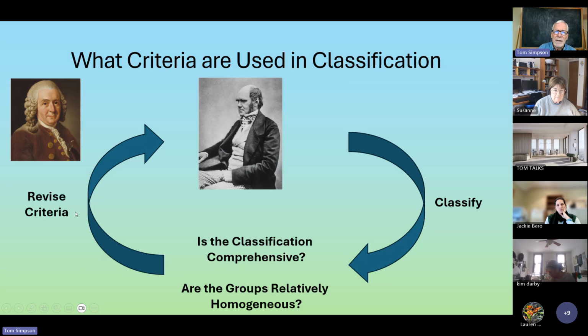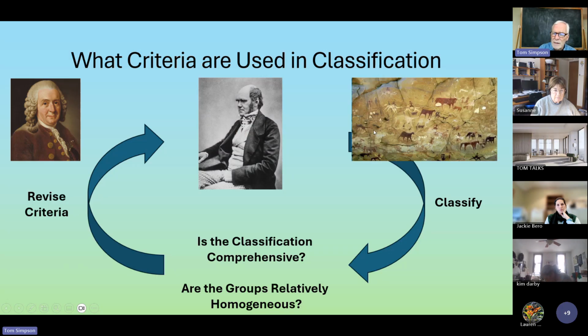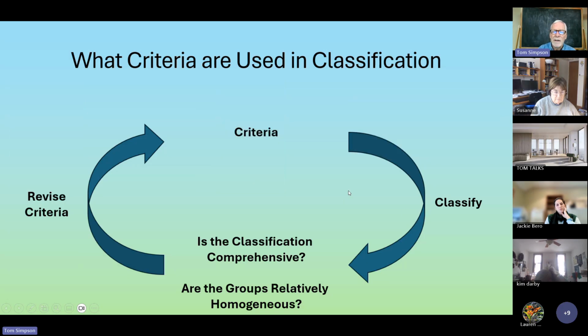And whether you're Linnaeus or Darwin or these human beings in France 16, 17,000 years ago, you pick out criteria to classify, and you want your classification to be comprehensive, meaning that you don't leave a lot of things unclassified. Your worldview has to be totalizing.